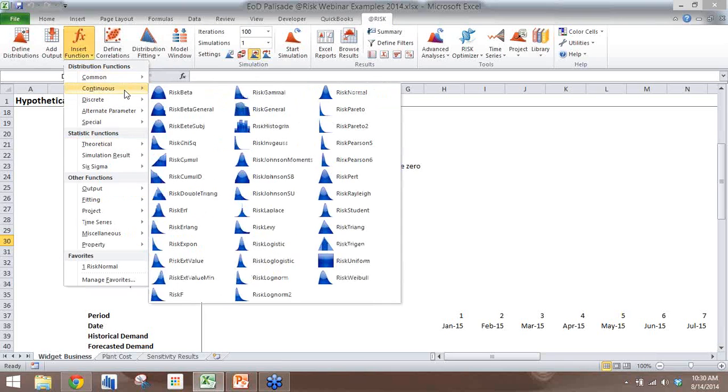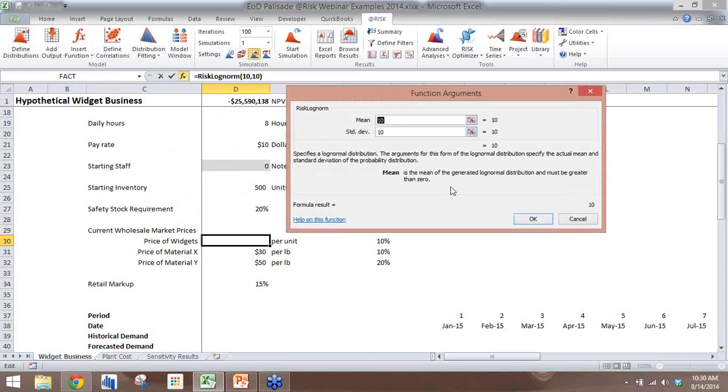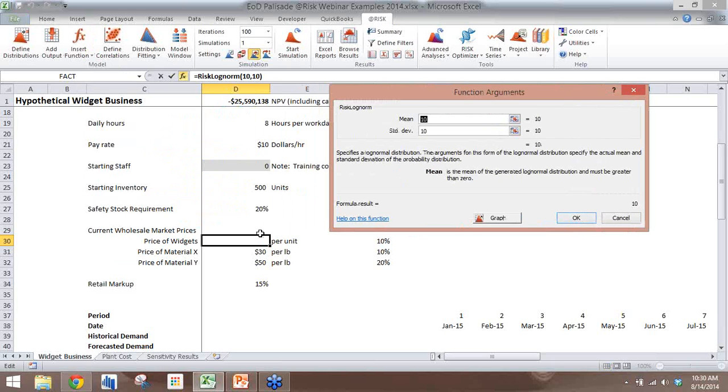I'm going to pick from the continuous function list, or in this case actually the common one, RiskLognorm. I'm going to say D30 for my mean, and D30 times F30 for my standard deviation.